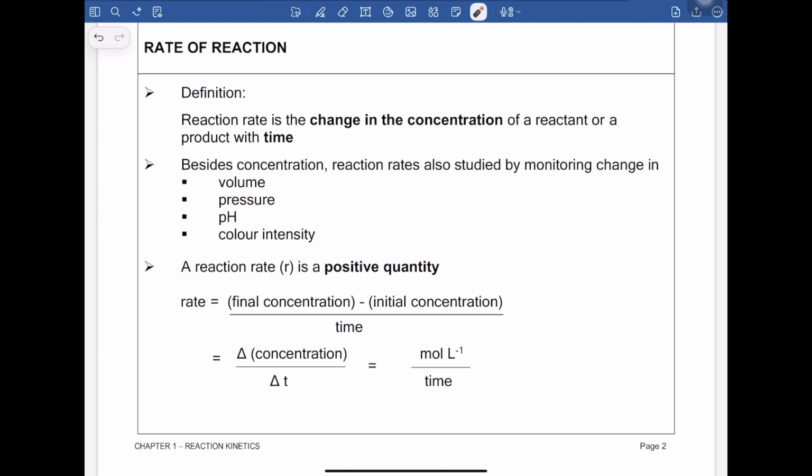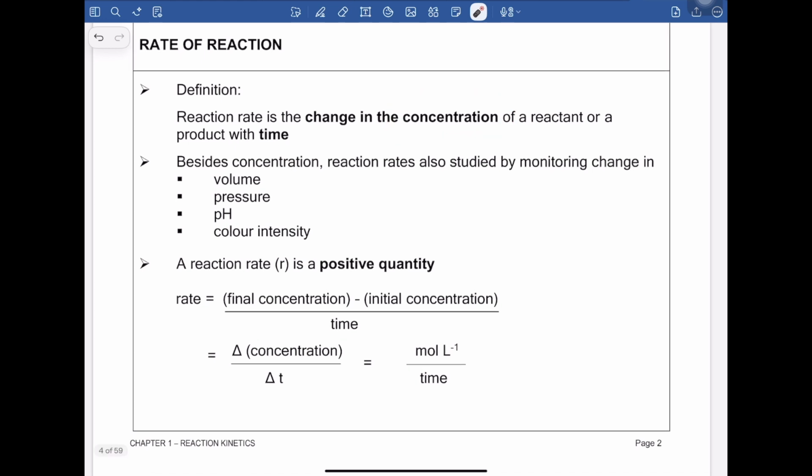Whenever we talk about reaction rate, it is about the change in the concentration of the reactant and the product with time. Not only concentration, we can also use volume, pressure, pH, color intensity, but everything must be over time. So anything that changes over time. But in matriculation, we are going to use concentration only.